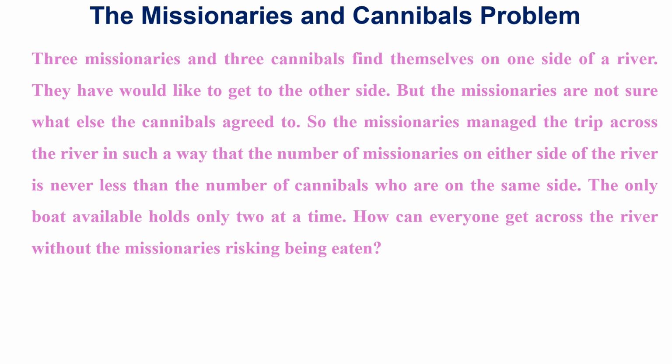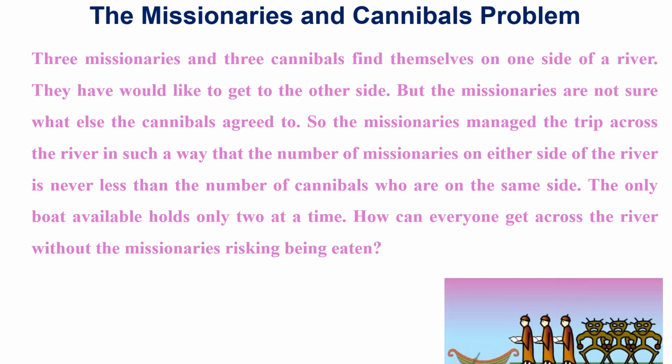So the missionaries manage the trip across the river in such a way that the number of missionaries on either side of the river is never less than the number of cannibals who are on the same side. The only boat available holds only two at a time. How can everyone get across the river without the missionaries risking being eaten by the cannibals? This is the problem description.